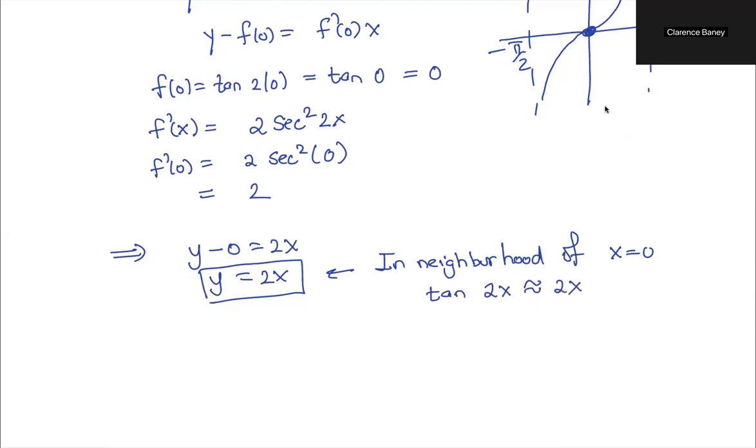The way this is generally done in a physics class is that you're told that when x is small, you can just make this approximation. But the reason we do it is because of the tangent line. So when x is close to 0, like 0.1, 0.2, those sorts of things, a small number close to 0, that means that we can replace the tangent of 2x with 2x.